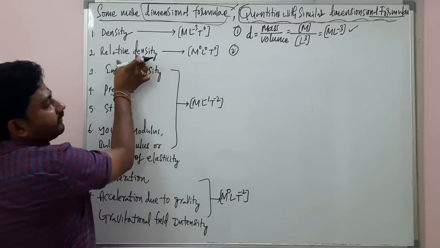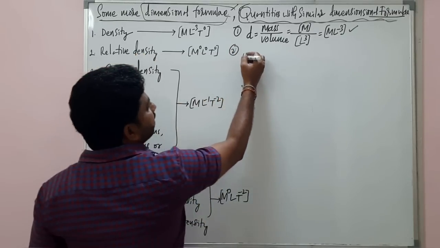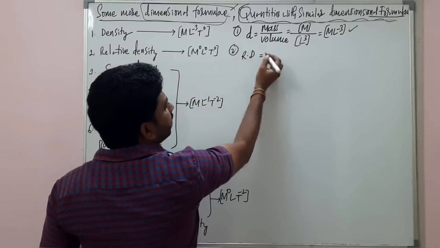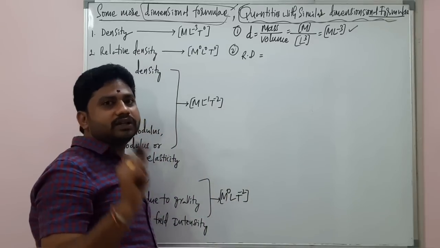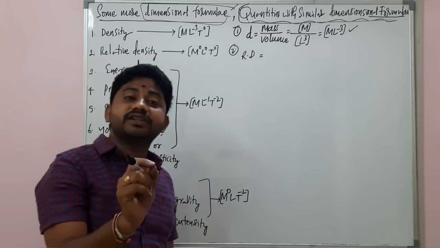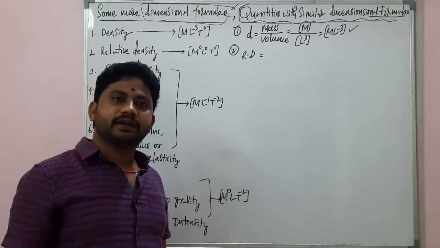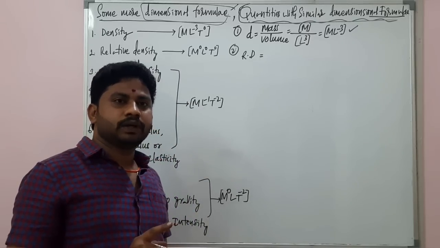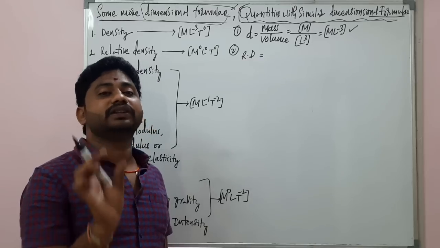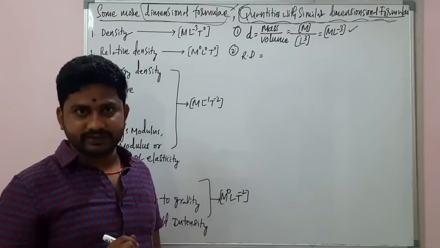Number 2, what is that? Relative density. You know what is meant by relative density? In the ninth standard, you might have learned a chapter called gravitation, in brackets flotation. There, the term relative density is introduced for the first time to ninth standard students.